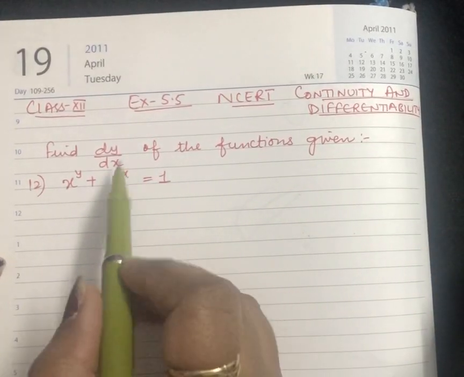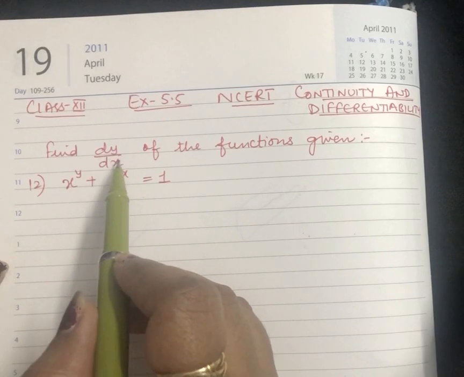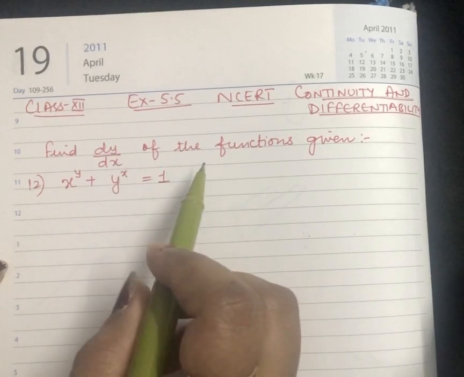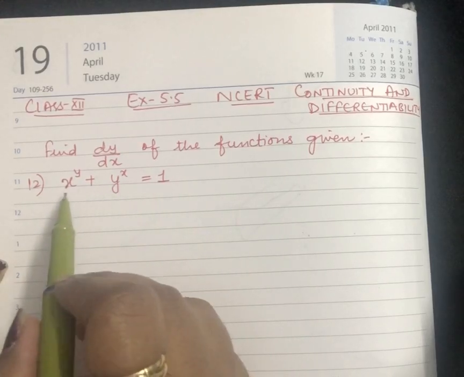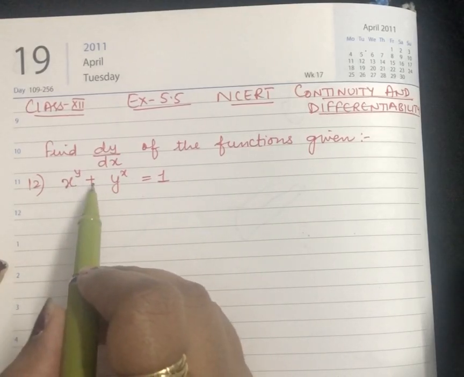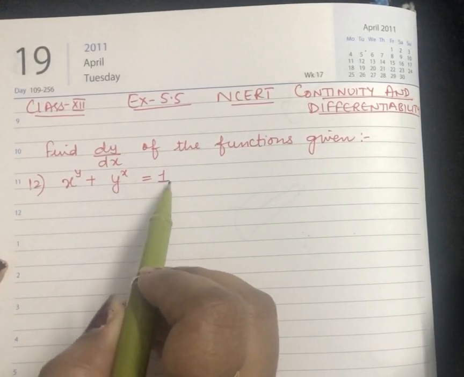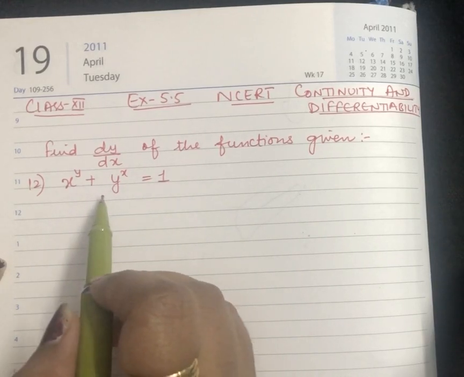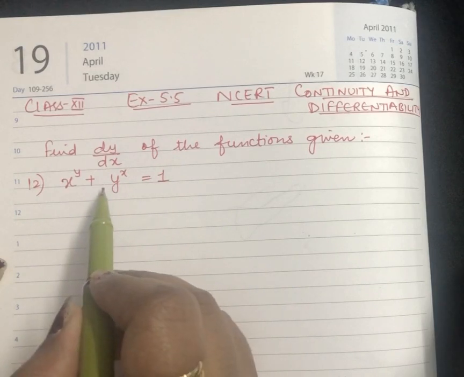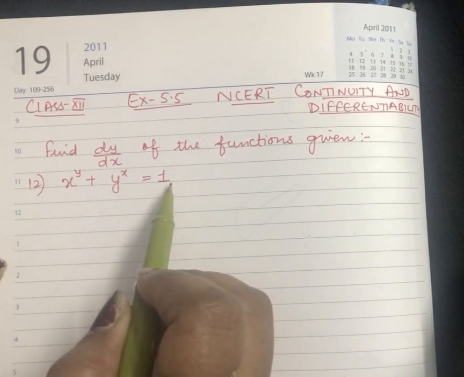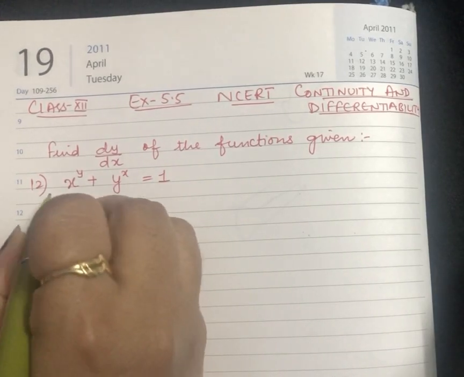NCERT. Now here we have to find dy by dx of the given function. The function is x to the power y plus y to the power x is equal to 1. In order to find dy by dx, we will differentiate this equation both sides with respect to x.